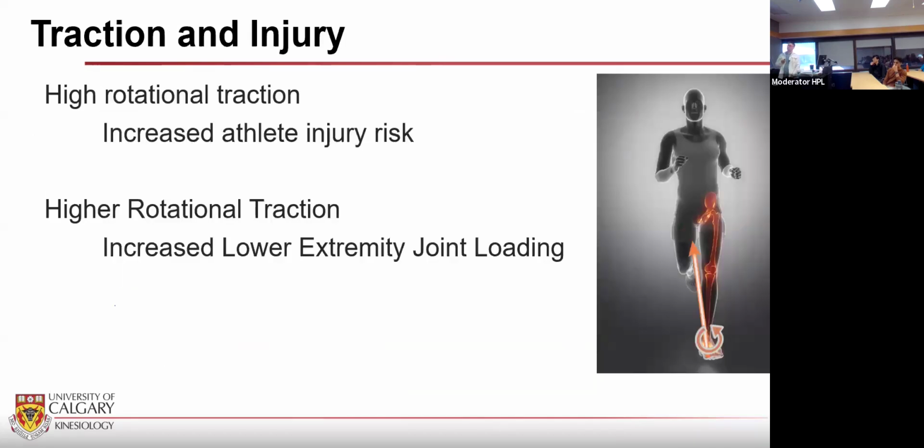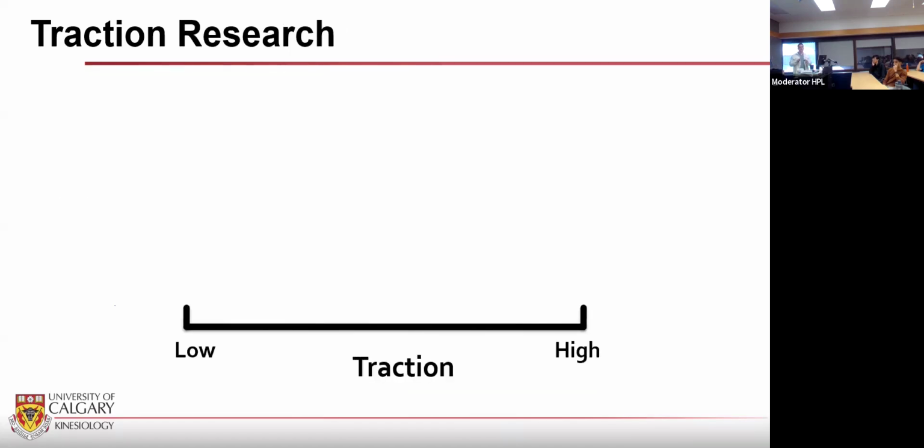Going over the results that we attained so far, high rotational traction was linked to an increase in athlete injury risk. High rotational traction was also linked to an increased lower extremity joint load. If we compile all the data that we learned so far, we can create this traction spectrum, going from low to high traction.